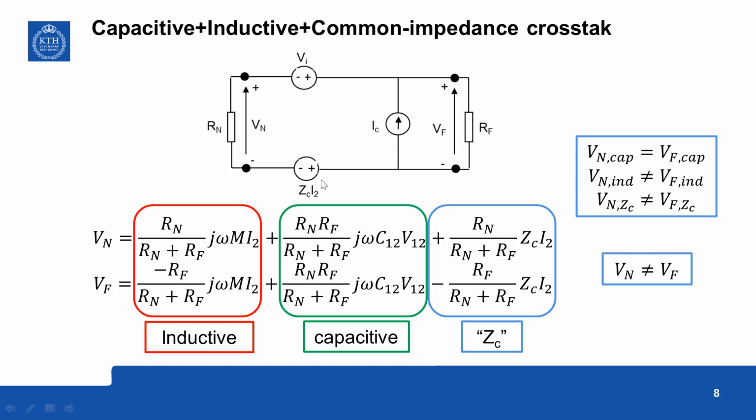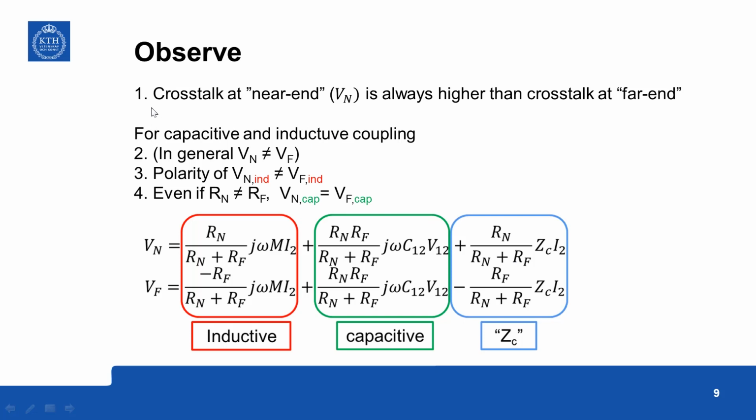This can be a pure resistor, or it could be a function of frequency also if there is some inductive element involved in the common impedance. Now in this case also we find that near-end crosstalk Vn is always higher than crosstalk at the far end Vf due to this negative polarity.